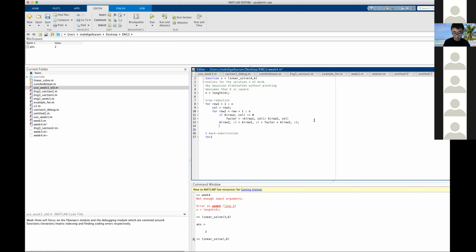After we have the row, we also need to apply the same thing for B, right? Otherwise, it's not equal anymore. And since B is only 1 column, we don't have to do this column here.